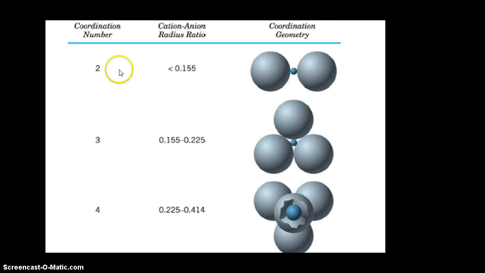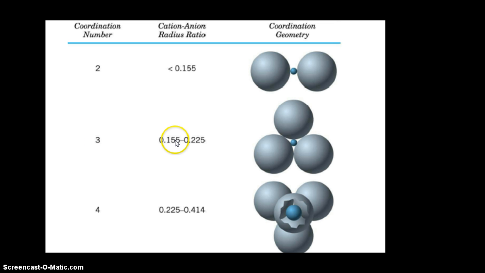So for a coordination number of 2, where you have the cation in contact with 2 anions, the cation-anion radius ratio must be less than 0.155. As we move to the next one, for a coordination number of 3, a single cation is in contact with 3 anions.